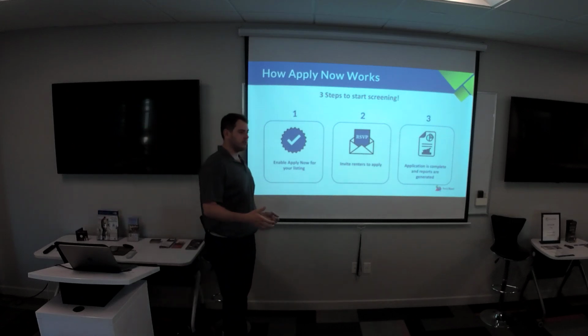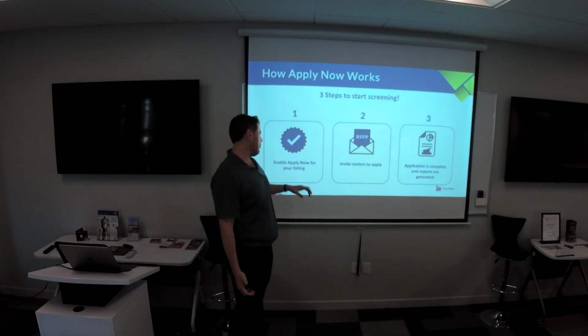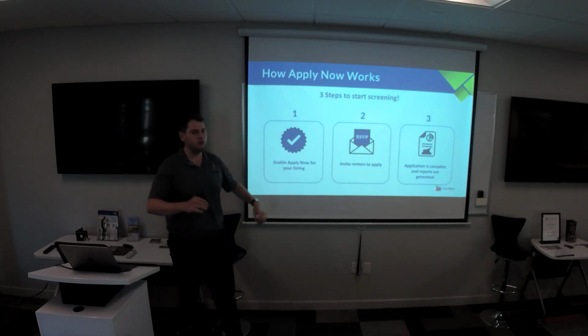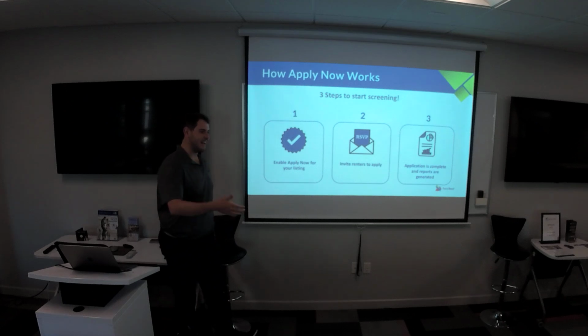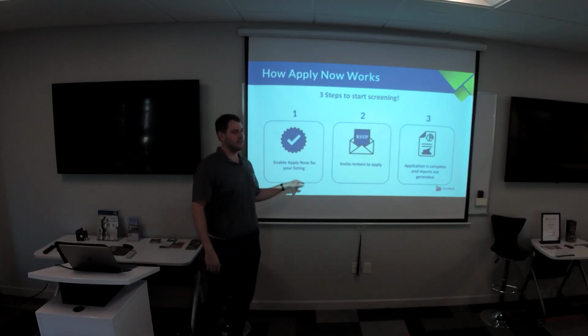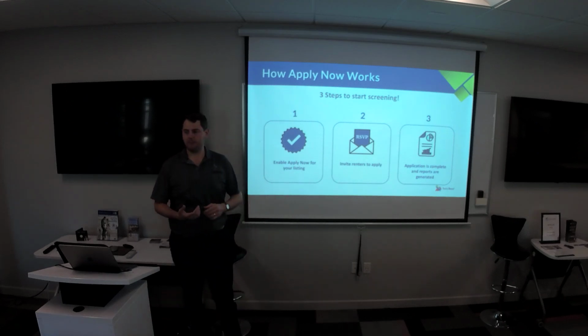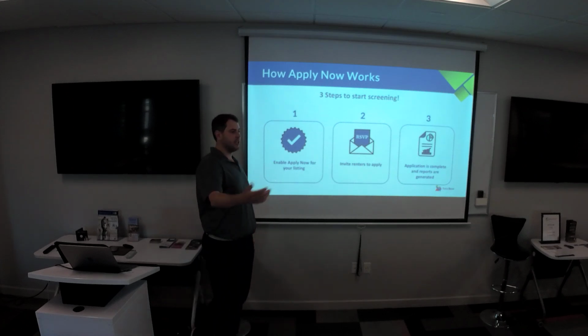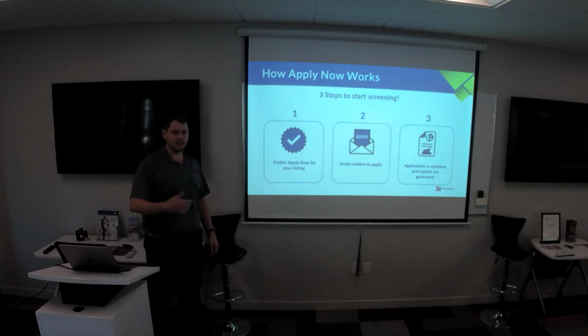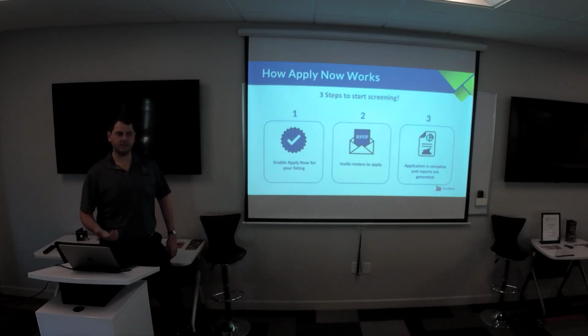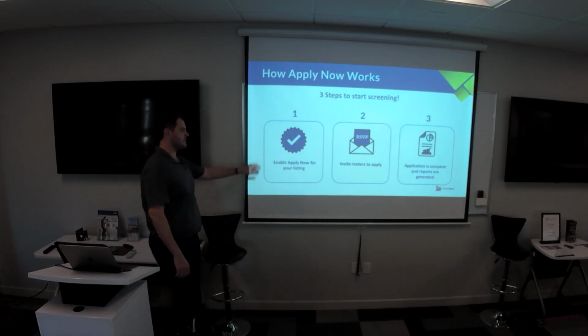One of our categories is about applications, and one of the fields is, do you want to use Apply Now by Rental Beast? If the answer is yes, then for those listings throughout our platform, there's a big Apply Now button, so that either an agent can initiate an applicant on behalf of their tenant, or a tenant can start an application on the listing themselves. So that's the easiest way.